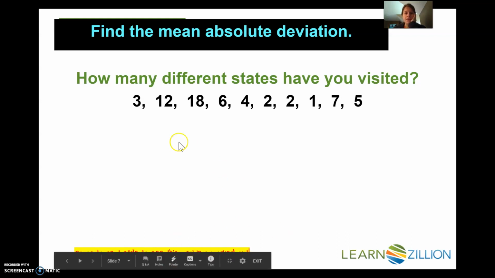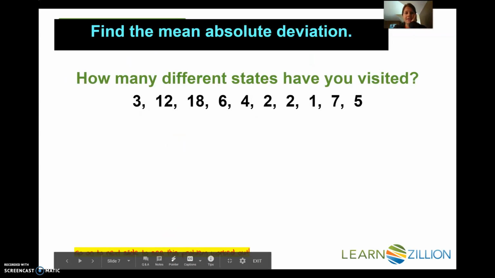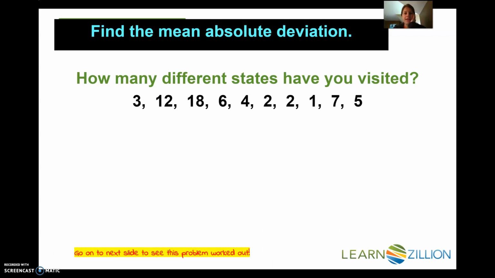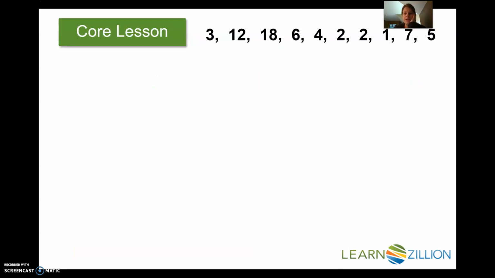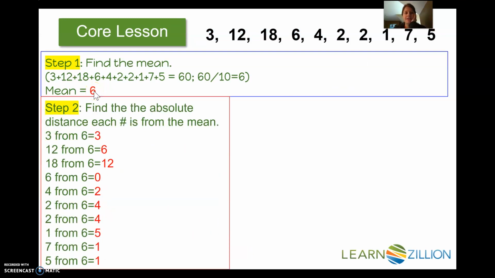So here's our data. We're given 1, 2, 3, 4, 5. Oh my gosh, sorry. 1, 2, 3, 4, 5, 6, 7, 8, 9, 10. I forgot I have a touch screen. 10 numbers. So the first step is to find the mean, and I got 6. Second step, find the distance each number is from 6. So 3 from 6 is 3 spots.